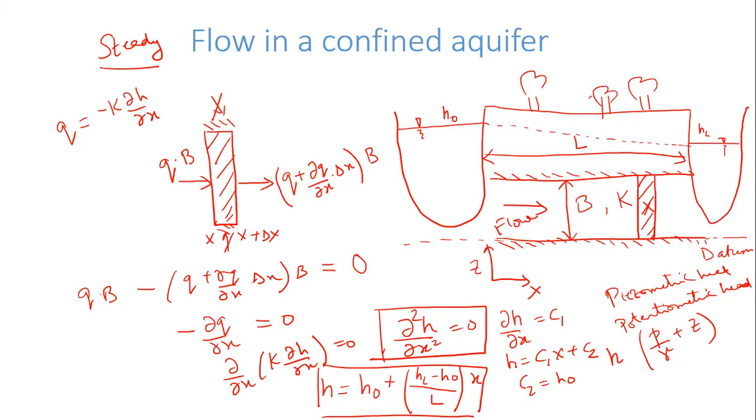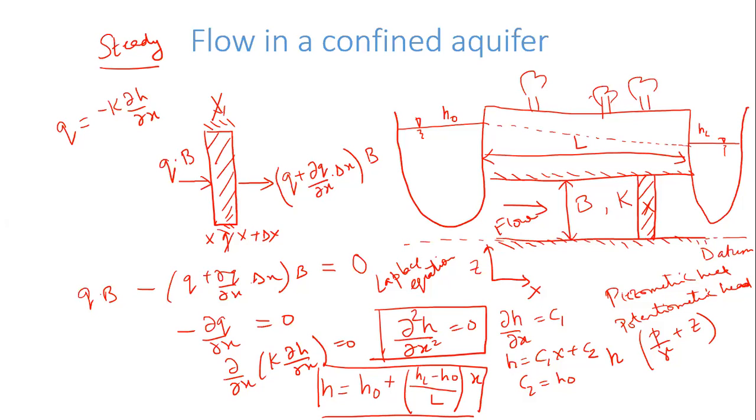So this is flow in a confined aquifer, and this is the equation. I don't know if you have heard about this. It's what is called the Laplace equation. If you've taken a mathematics class, you might have heard of the famous Laplace equation. So this is a Laplace equation for flow in a confined aquifer at steady state. This is what you get.